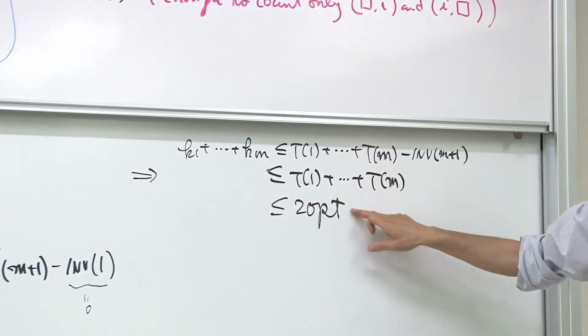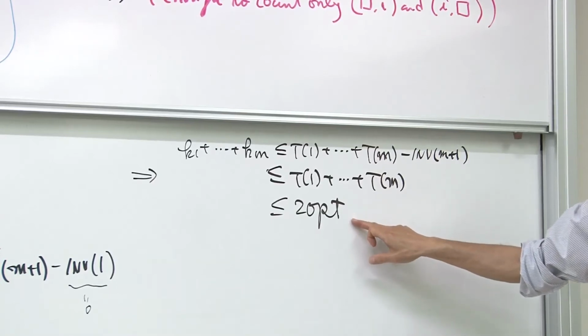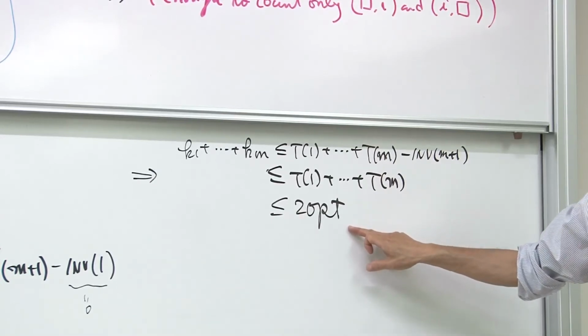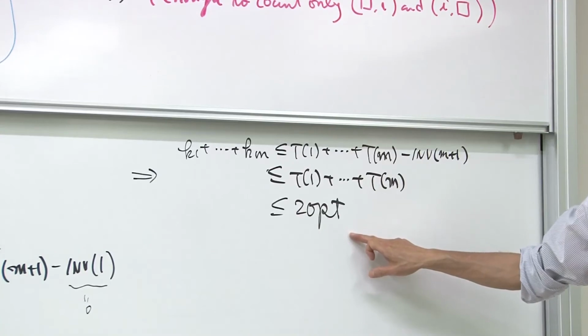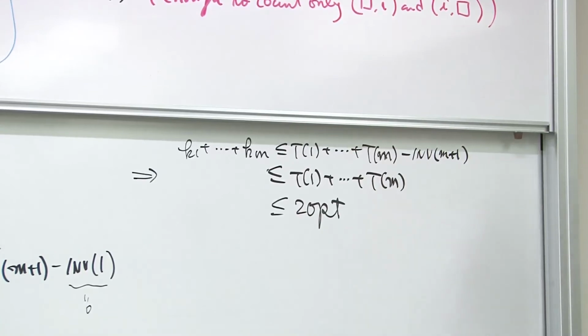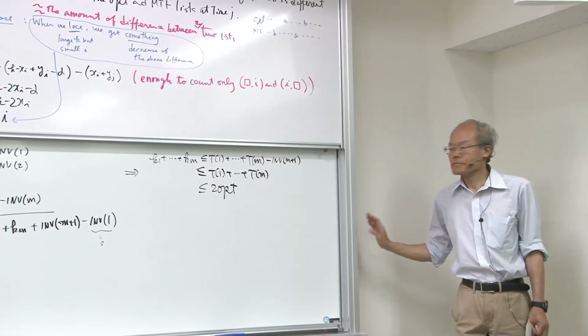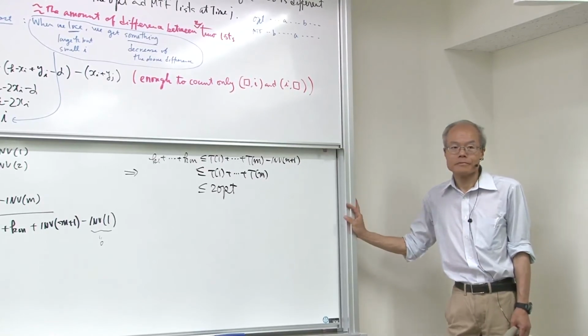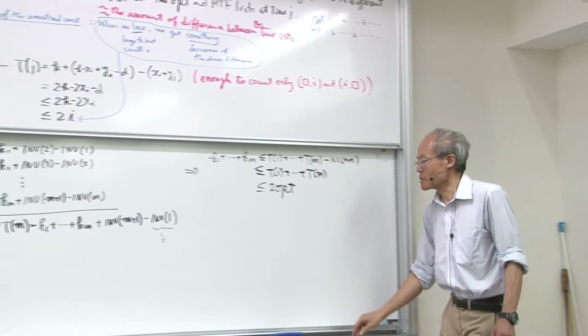That means this is at most 2 opt. What does that mean? That means our competitive ratio is at most 2. We are done.